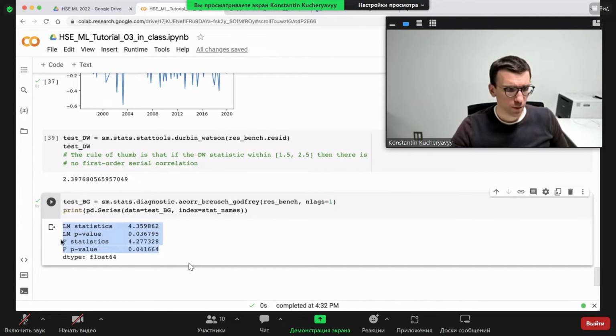So we will talk about it later today. Again, the conclusion is that we are on the edge. We'll continue for now with the model without lagged variables, but we keep in mind that there is some indication of serial correlation.